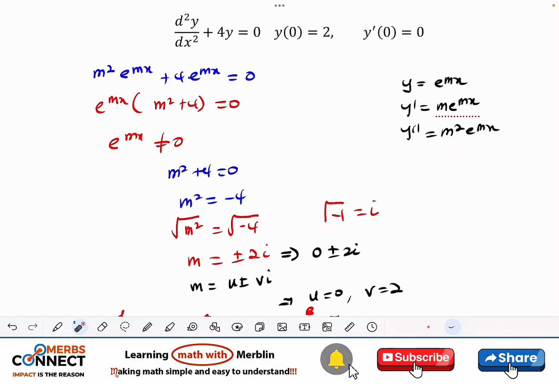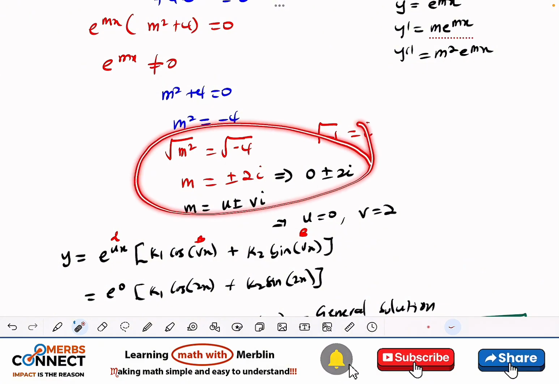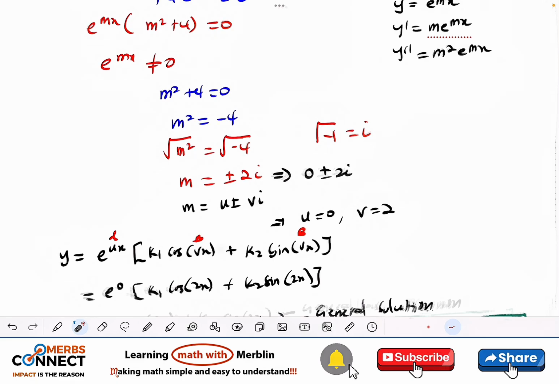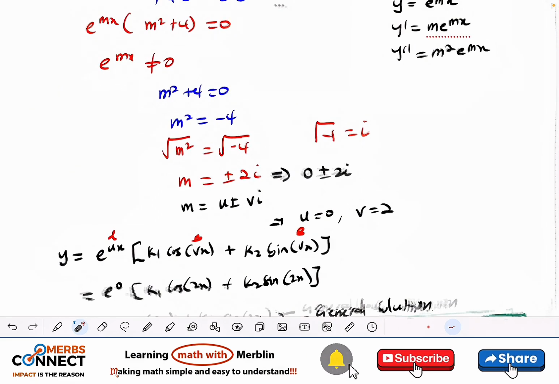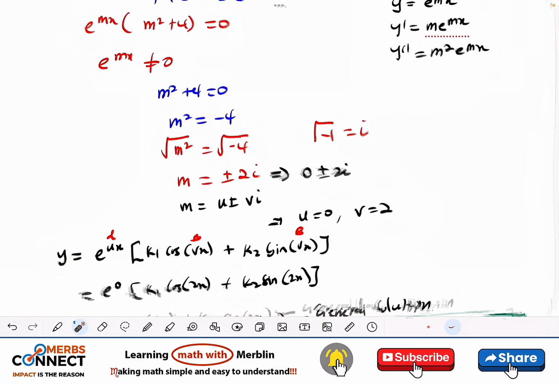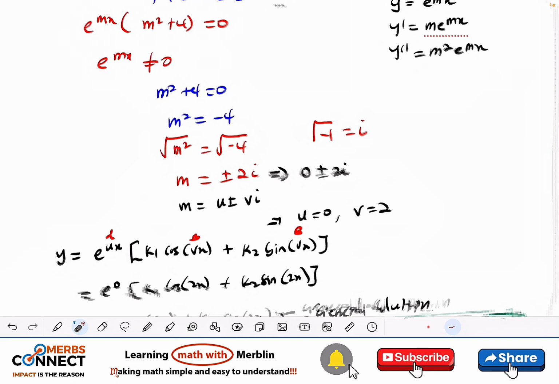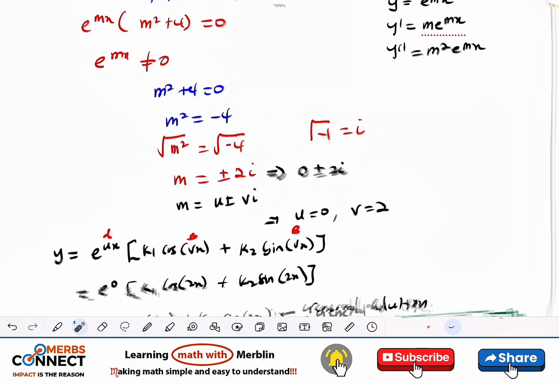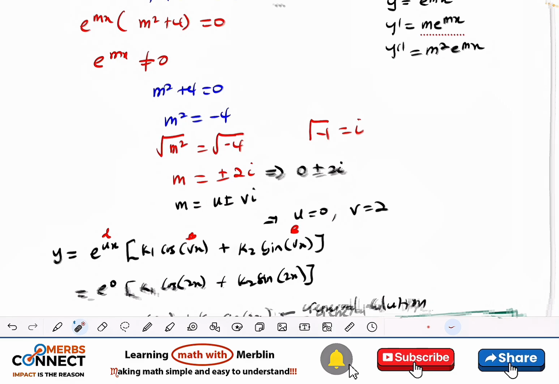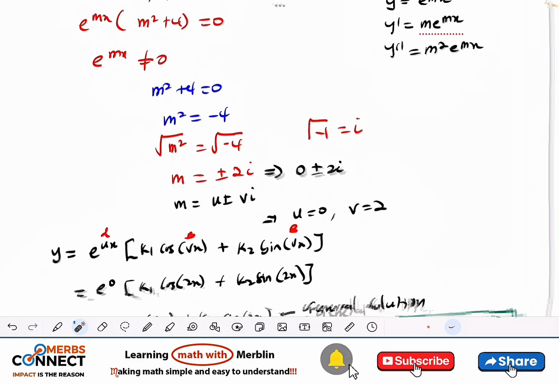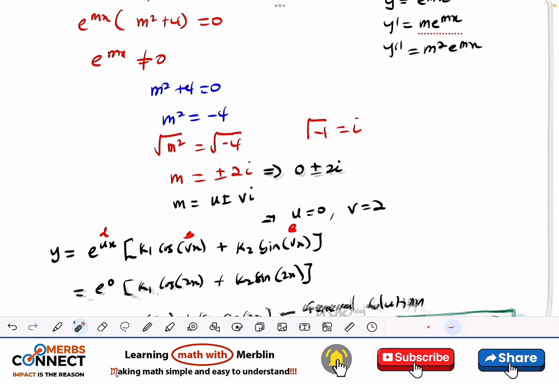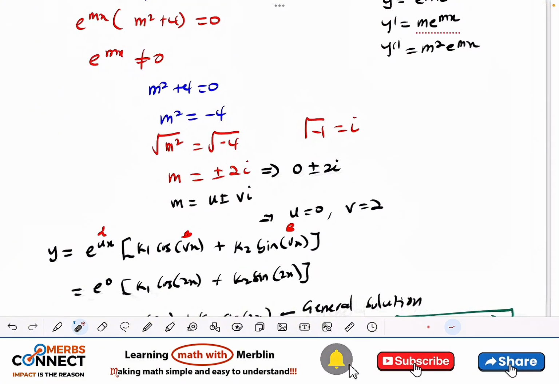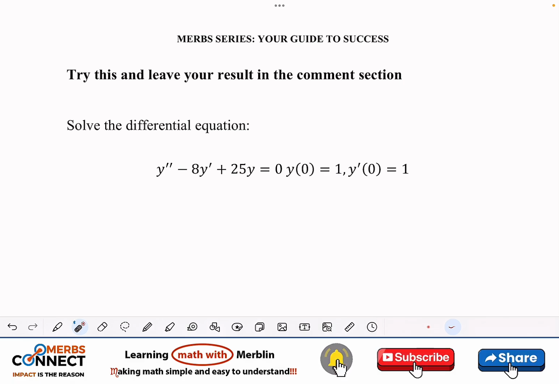Either you use the quadratic formula or you use factorization, you are going to get the same thing. The only change is the root. When the root is double, I know the general solution formula that I need to use. When they are distinct, I know the general solution that I need to use. And when it is complex, I know the general solution that I need to use.